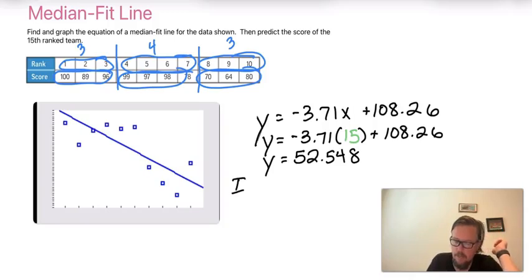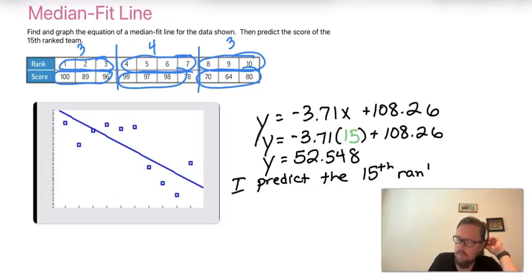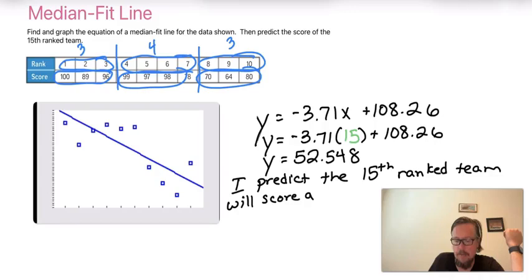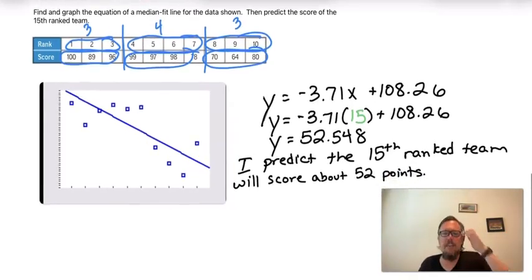So I'm going to say I predict the 15th ranked team will score about 52 points. And that's a median fit line.